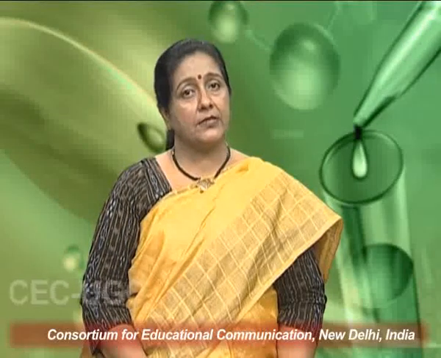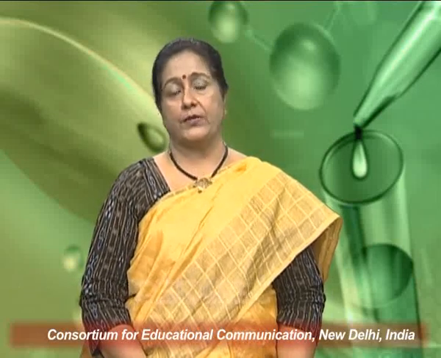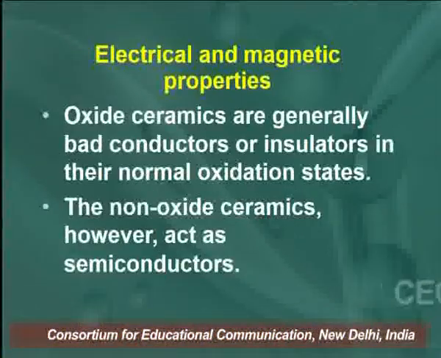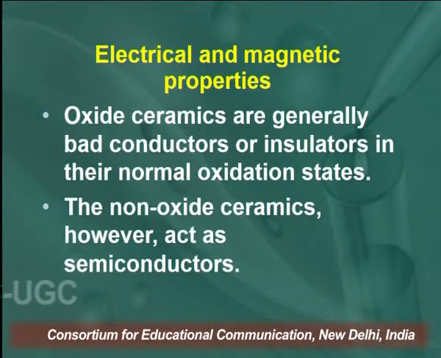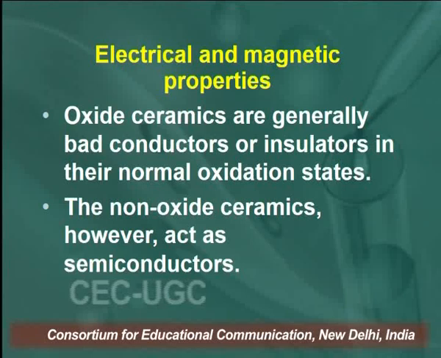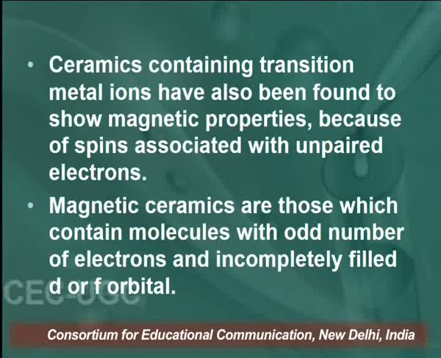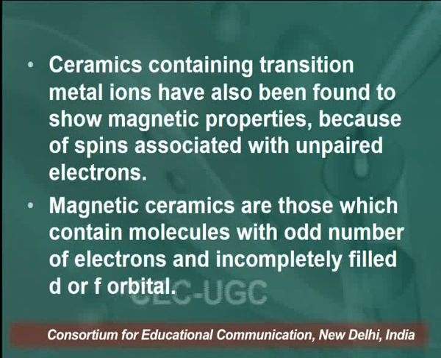Now the electrical and magnetic properties. Oxide ceramics are generally bad conductors or insulators in their normal oxidation states. The non-oxide ceramics, however, act as semiconductors. Ceramics containing transition metal ions have also been found to show magnetic properties because of spins associated with unpaired electrons.